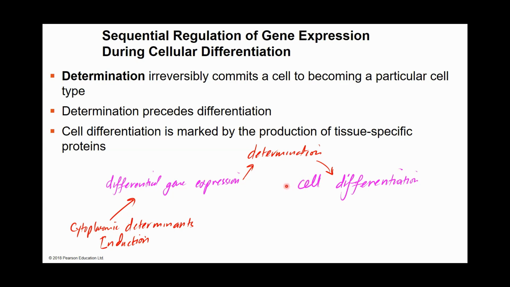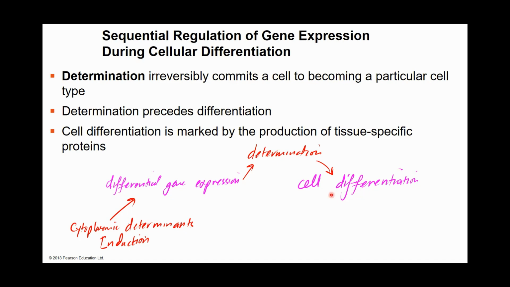We have a program of gene expression that involves sequential expression of genes, which means that some genes will be expressed in order for the cell to become determined, and then later on other genes will be expressed in order for the cell to become fully differentiated.